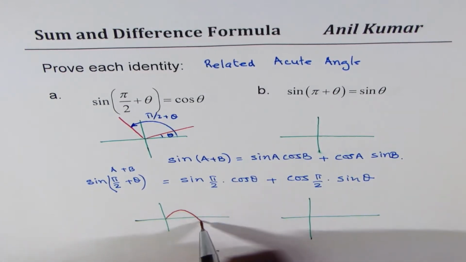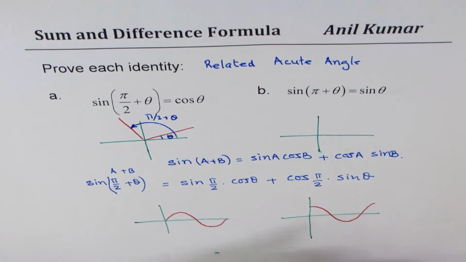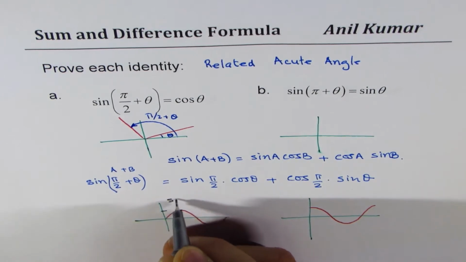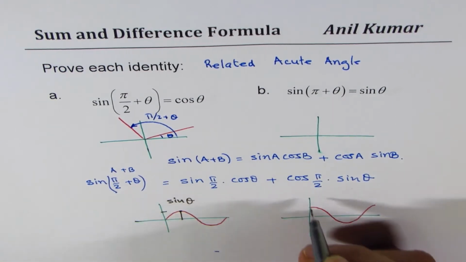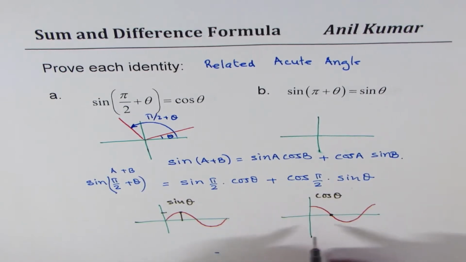The sine graph is kind of like this and the cosine graph is like this. At the position which we are calling pi by 2 in this case, for sine the value is 1, right? This is for sine and this is for cos. And for cos, pi by 2 is 0, correct?